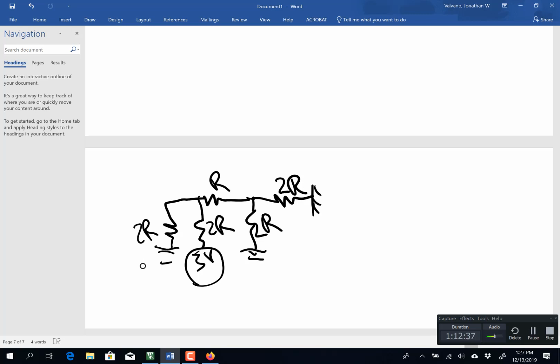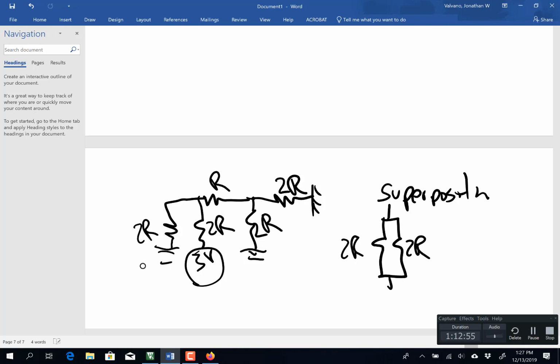Okay, so what's my next rule I need? How do I combine resistors? What do I do if I see 2 resistors in parallel? There's a rule. Because I'm looking at this part right there. Yeah, there's a rule, 1 over plus.